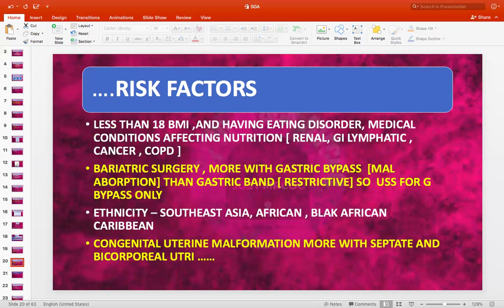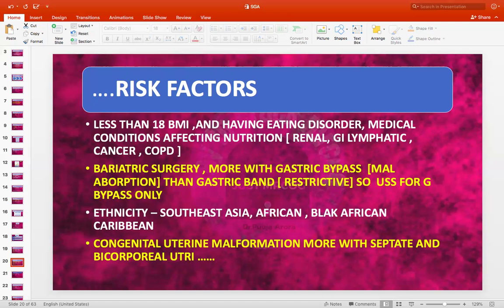Less than 18 BMI, and simultaneously she is having any eating disorder. A medical condition which is affecting her nutrition, like any renal, gastrointestinal, lymphatic, cancer or COPD. Bariatric surgery is also a risk factor, but we know that there are two types of bariatric surgery.